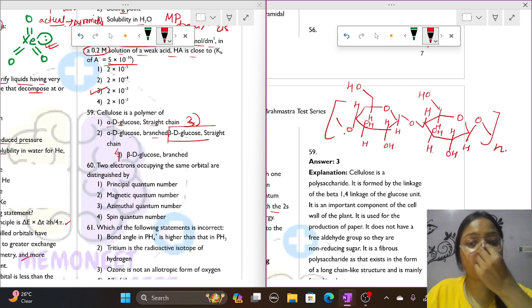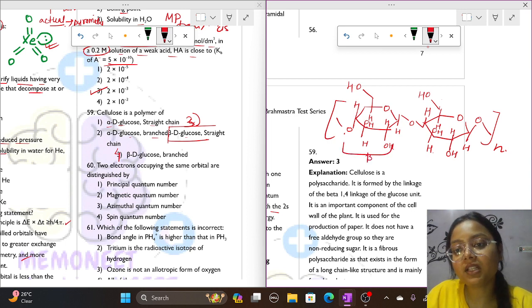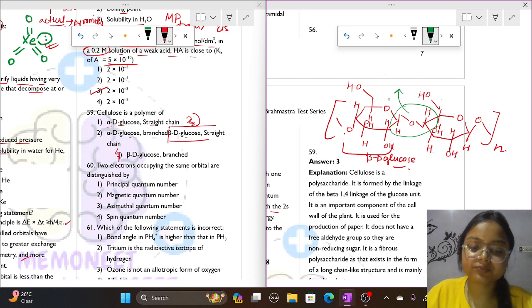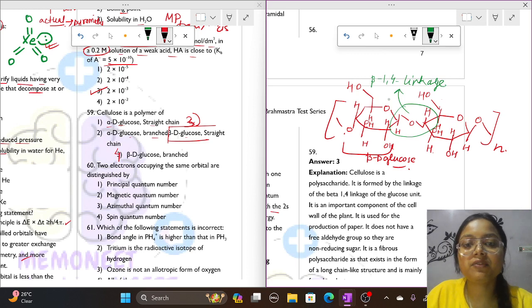Let's consider this part. This is a beta D glucose. Many beta D glucose units combine together to form the cellulose structure, and this type of linkage is called the 1,4 linkage, or the beta 1,4 linkage. This is the structure of cellulose.